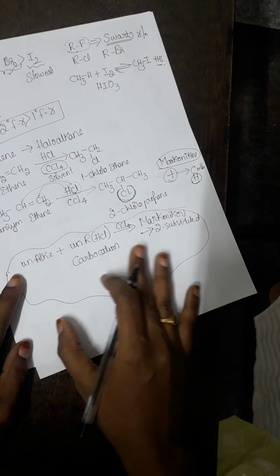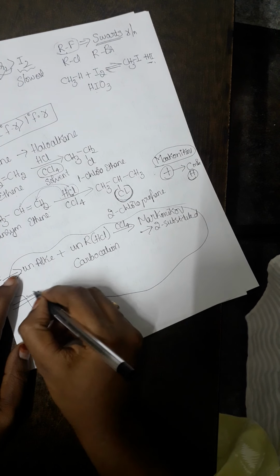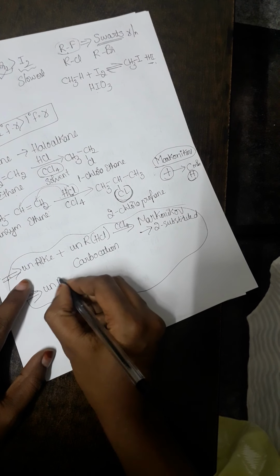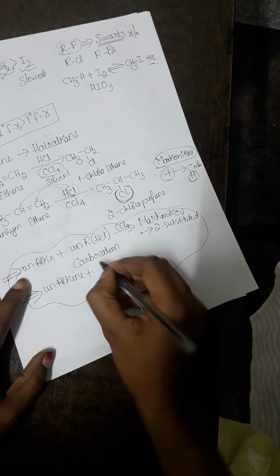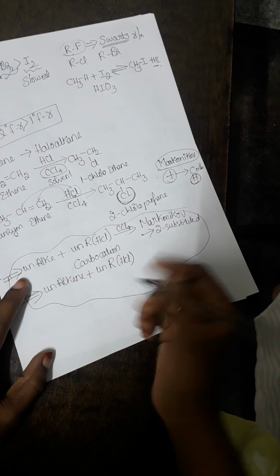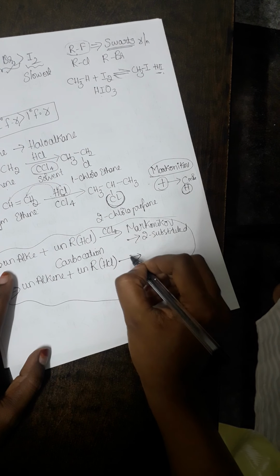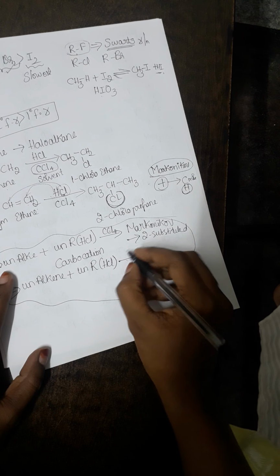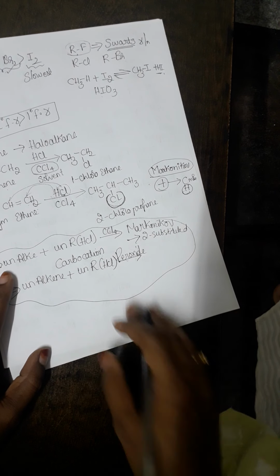I do have one more condition. What is that? Another very important condition, with a slight change, that's all: an unsymmetrical alkene reacting with the unsymmetrical reagent HCl, but here the condition above the arrow mark differs. What is that? Here it will have the presence of peroxide.